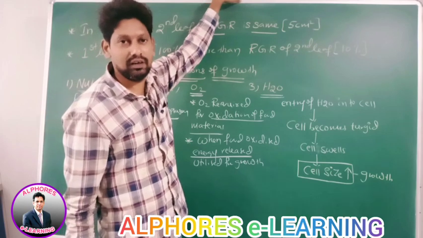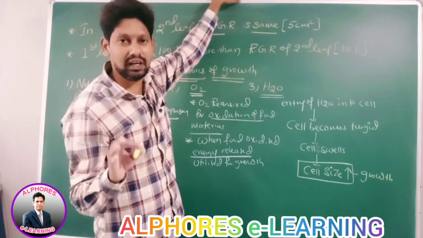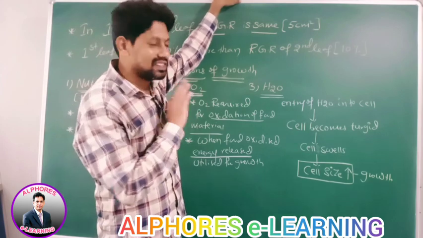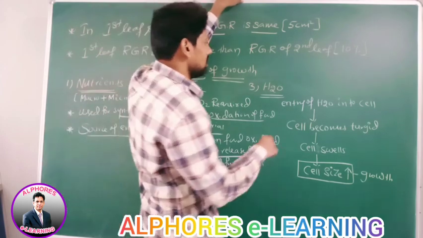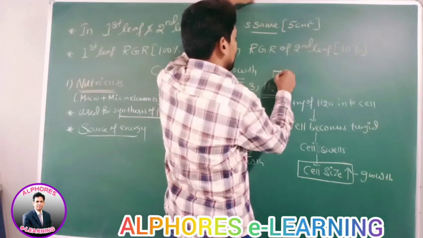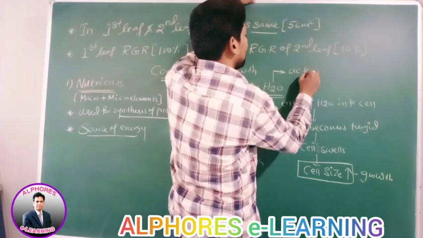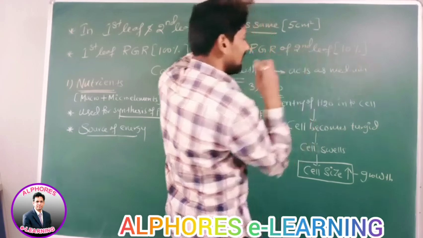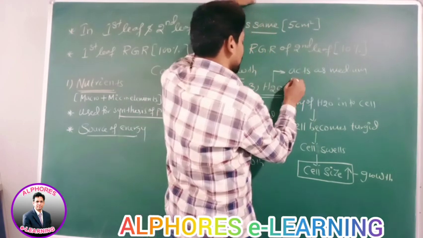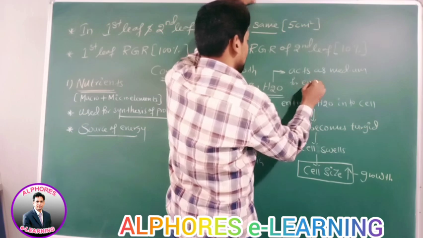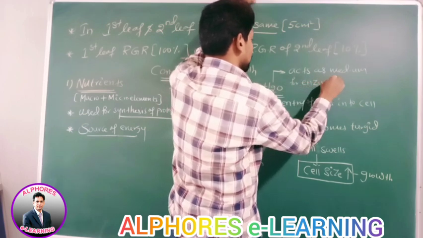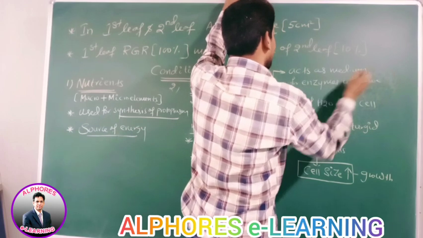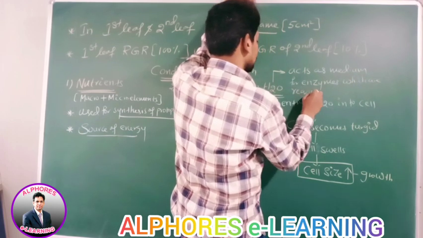Now listen to this statement. To carry out growth, enzymes are required. For those enzymes, water acts as a medium. Water acts as a medium for what? Enzymes which are required for growth.